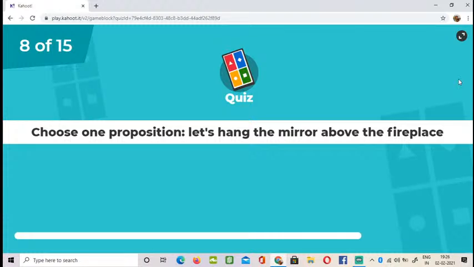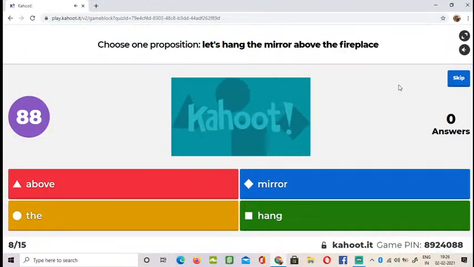Choose the preposition. Let's hang the mirror above the fireplace. You're having the options as above, mirror, the, hang. Come on, guys, think and answer. Okay, I've got five answers.